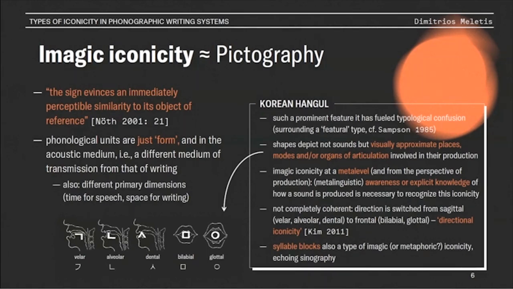I also want to mention here at the bottom, it says syllable blocks, because there we find another type of iconicity in Korean Hangul, because the way the syllables are arranged evokes the visual character of the Chinese writing, which has socio-political and historical reasons. But one can debate whether that is a form of imagic iconicity or already a form of metaphoric iconicity.